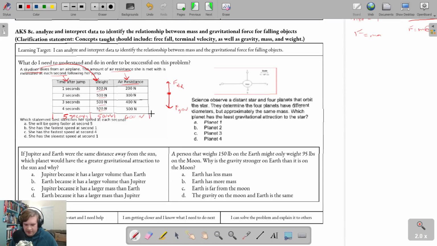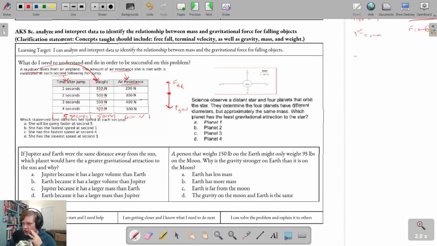Okay, what determines our speed? Well, that's like asking what determines our velocity. Velocity is distance over time. Things that influence velocity, changing velocity, that's our acceleration.